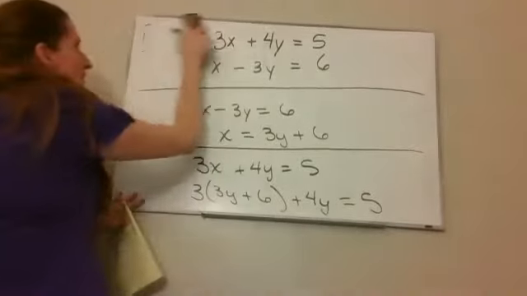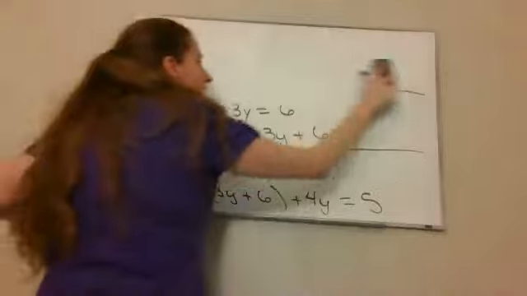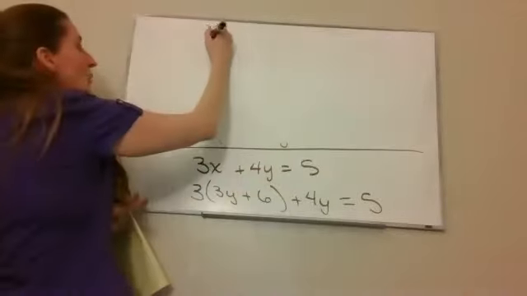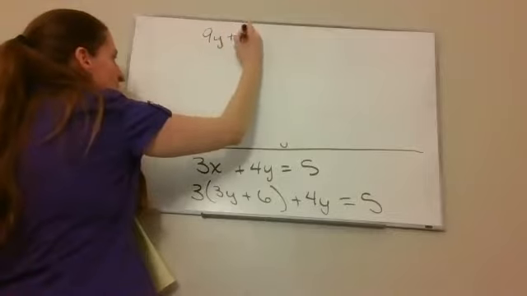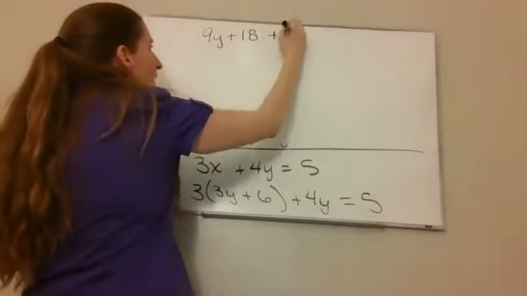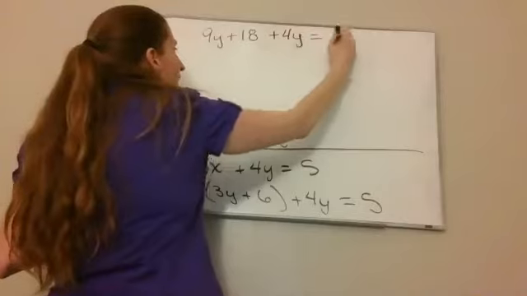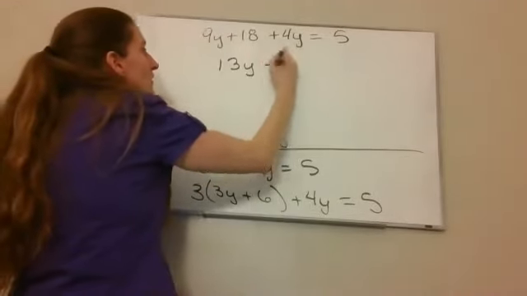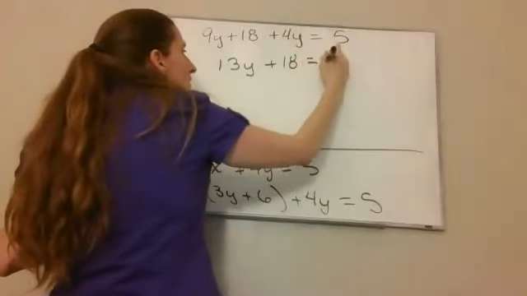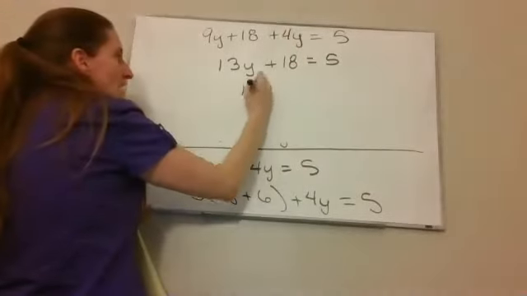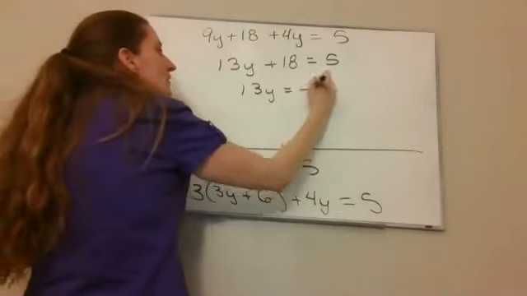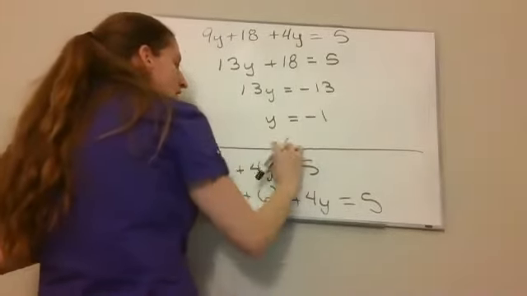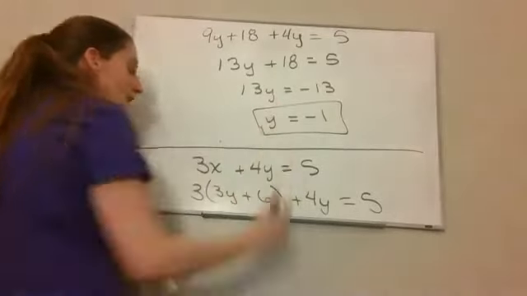Distribute. So when I distribute, I get 9y plus 18 plus 4y equals 5. Combine my like terms. Subtract 18 and divide by 13. And I get y equals -1.